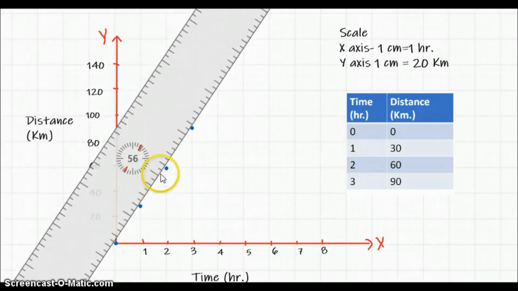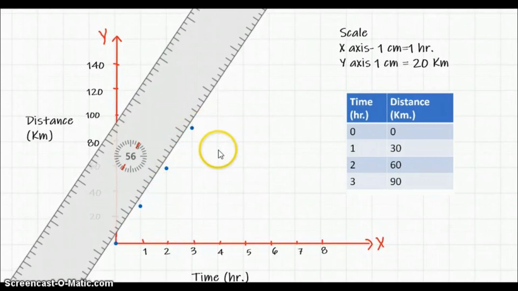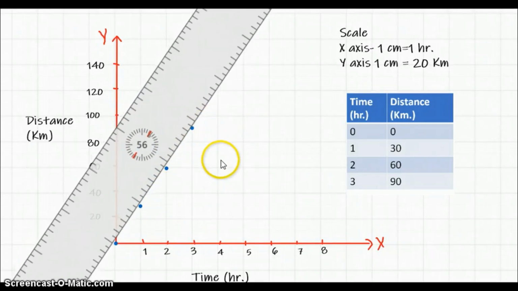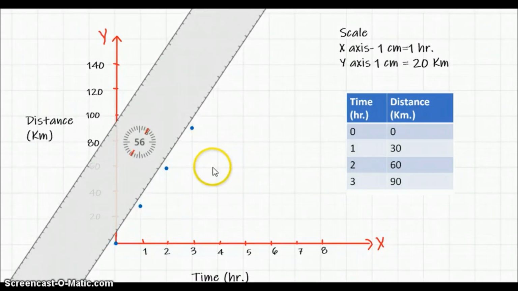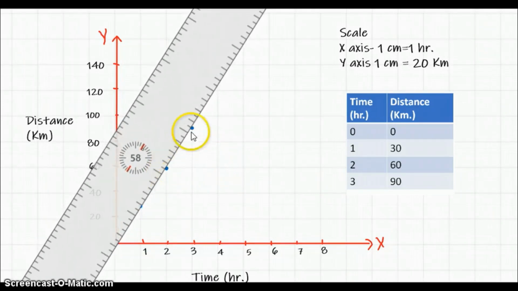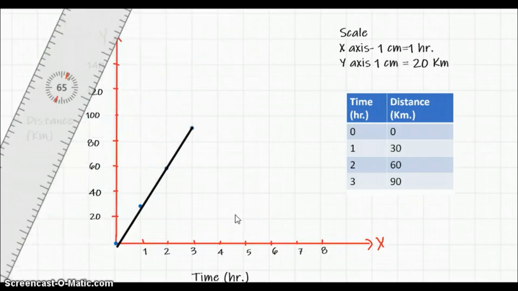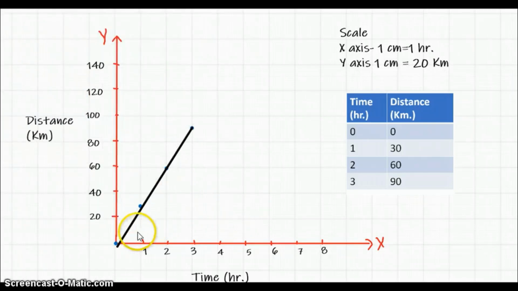So you can see all these points are in a straight line. So this is the distance time graph in this case. So you can see here the line is absolutely straight.